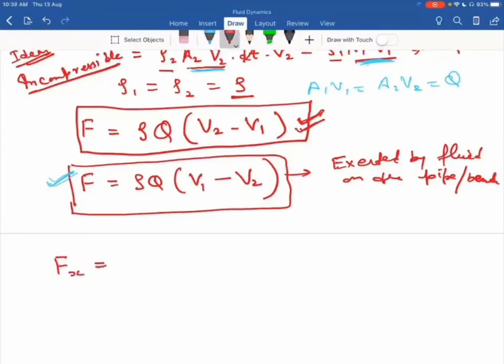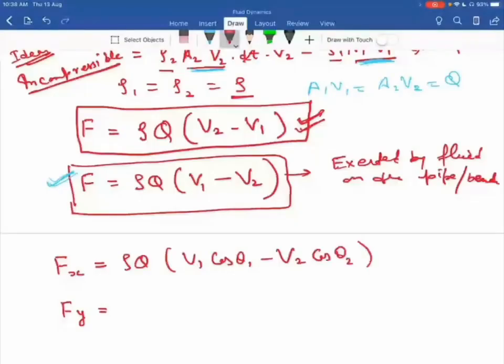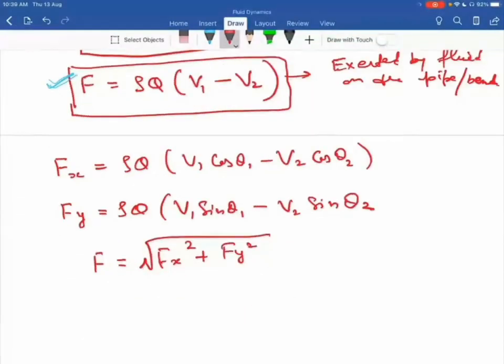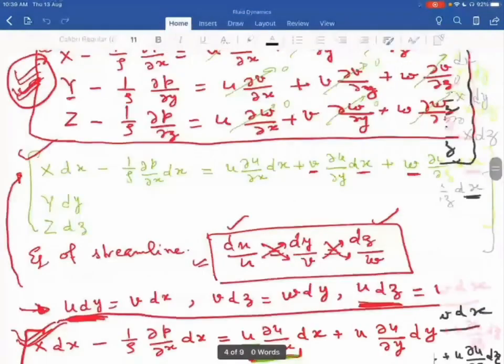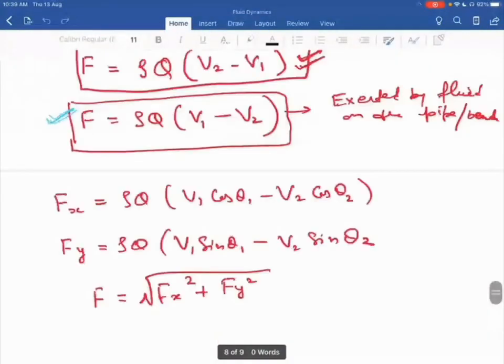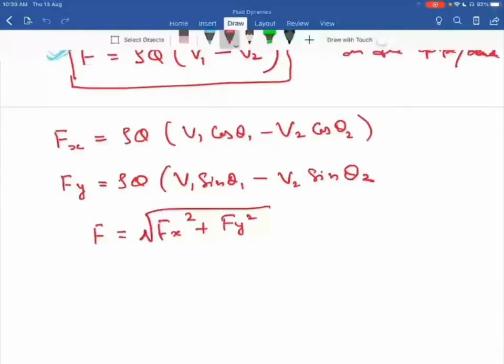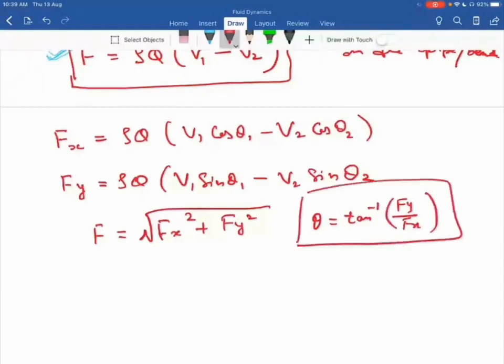Also write force along x direction and force along y direction. कैसे rho q V1 cos theta 1 minus V2 horizontal components and rho q V1 sin theta 1 minus V2 sin theta. So then you can find out the resultant force as horizontal के साथ एंगल जो है वो आ जाएगा आपके पास थीटा tan inverse Fy upon Fx. This is the angle of this resultant force with horizontal.